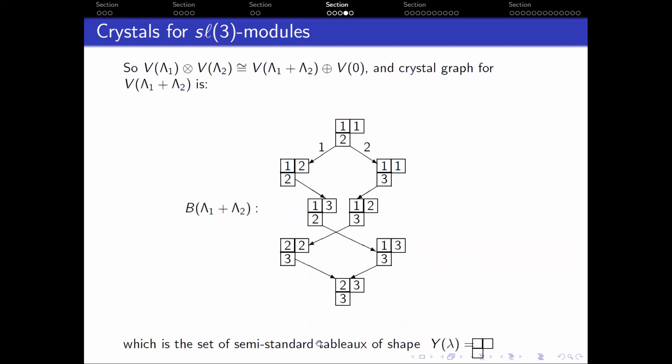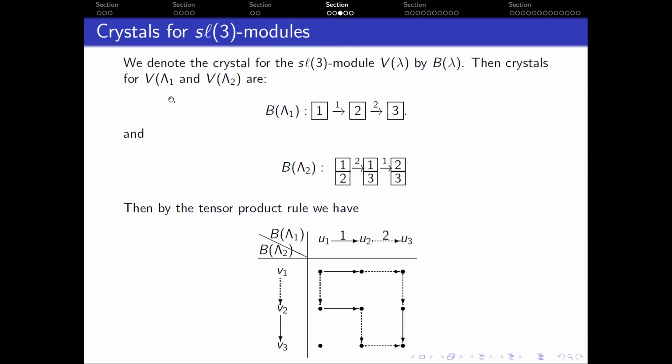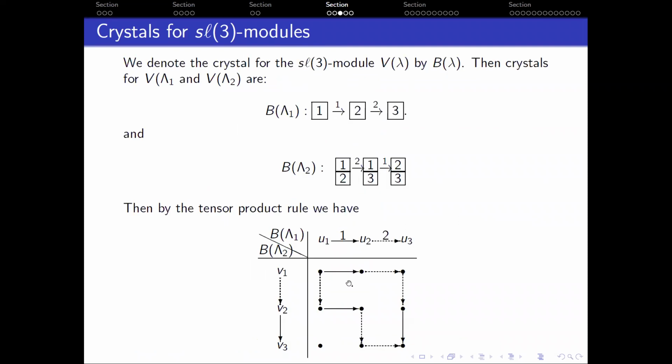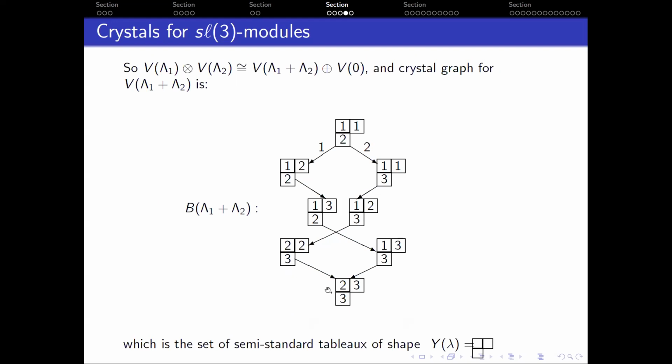So in particular, this decomposition gives us an 8-dimensional irreducible representation plus a one-dimensional representation. And the crystal graph for V lambda 1 plus lambda 2, just from this picture, following the notation for how you put the tableau together, we get this crystal graph.